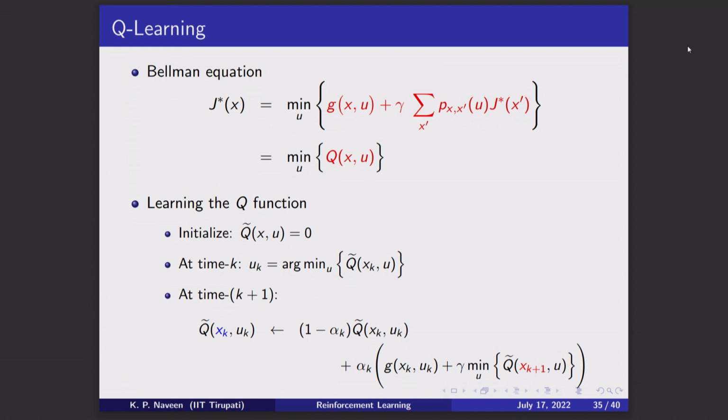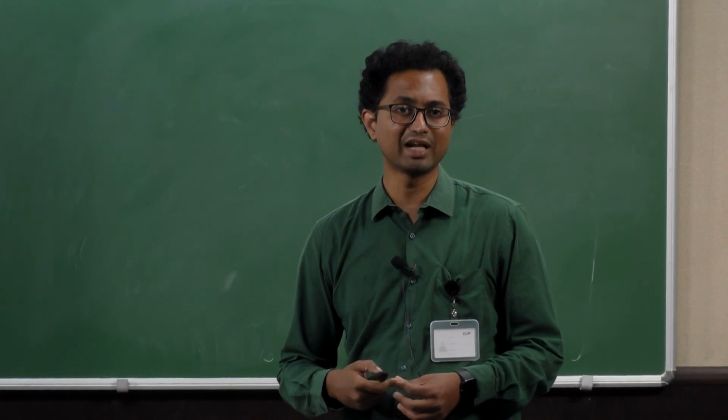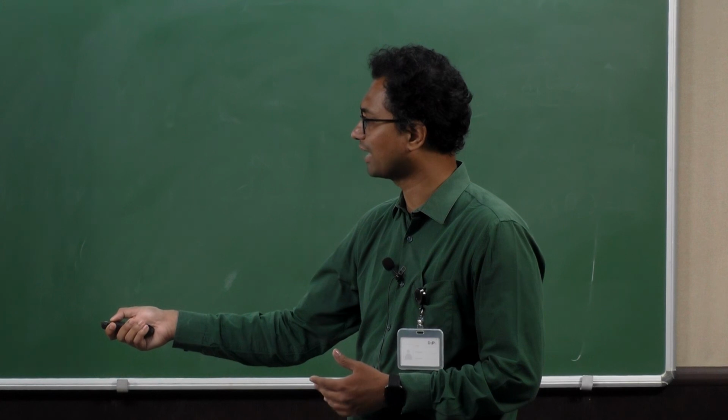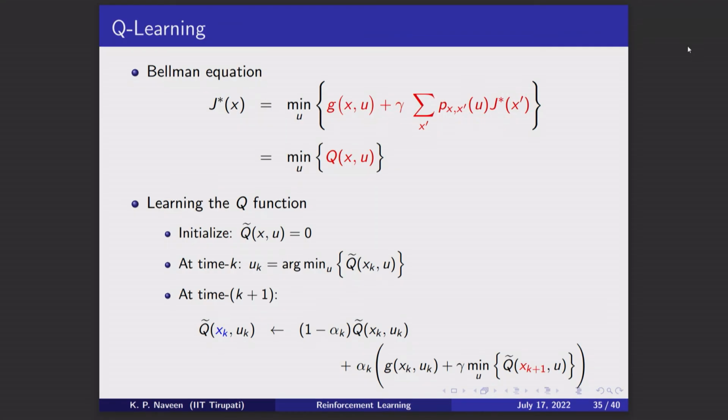You took action u_k, right? So the update procedure is like this. There is some parameter alpha k here. With probability 1 minus alpha k, I'm going to retain the old value. I'm not going to update my Q tilde value. And then with probability alpha k, this is the new value of Q, a new estimate for Q. So either you use the old estimate or the new estimate.